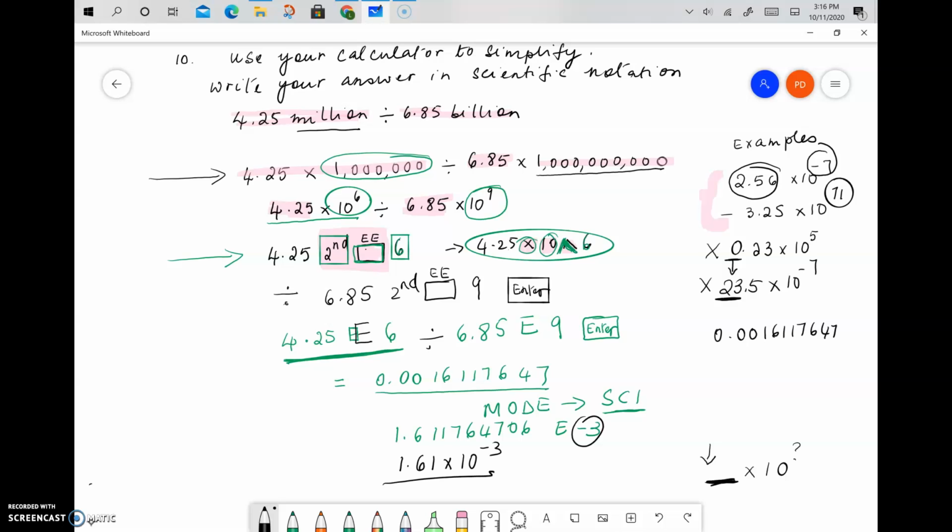The whole number has to be a single digit whole number and it cannot equal 0. Okay, so you have to have a whole number part which is a single digit number. It cannot equal 0. So now if we multiply this by 1,000, that's how we will get a single digit number.